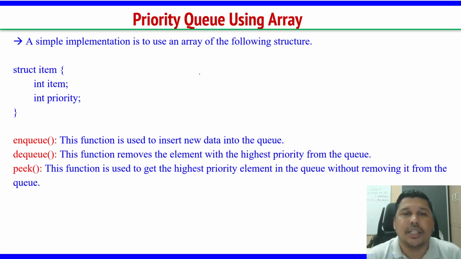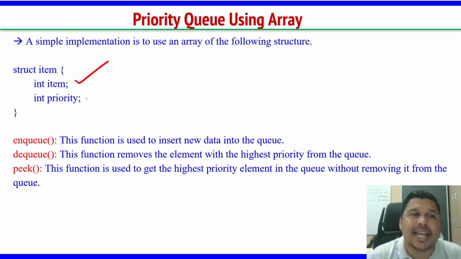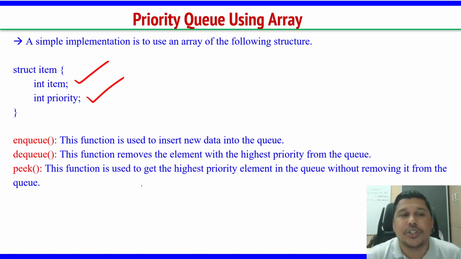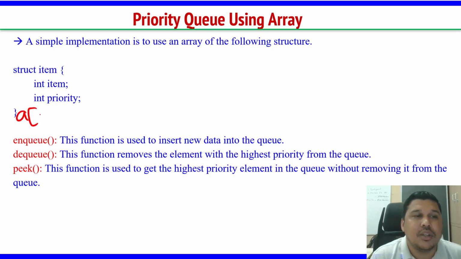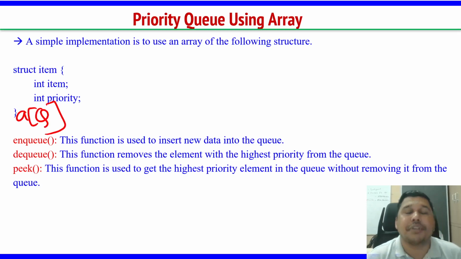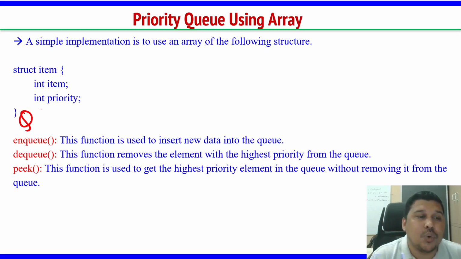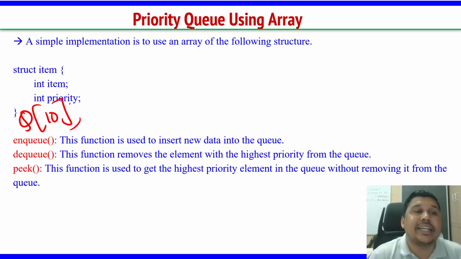How do you do the array implementation of a priority queue? You need two things here. You need to store the element as well as the priority. Your structure should contain the element which you want to insert and the priority. And you can create an array variable for this. You can create an array variable Q, Q of 10, like this you can create 10 elements.